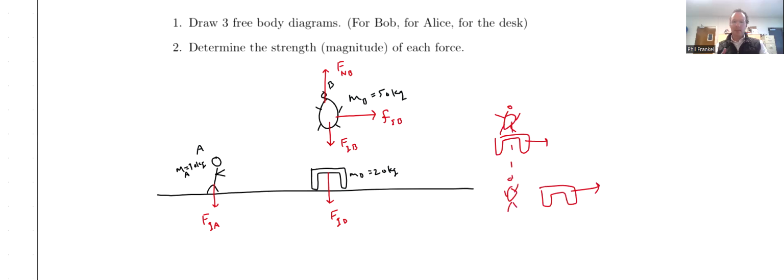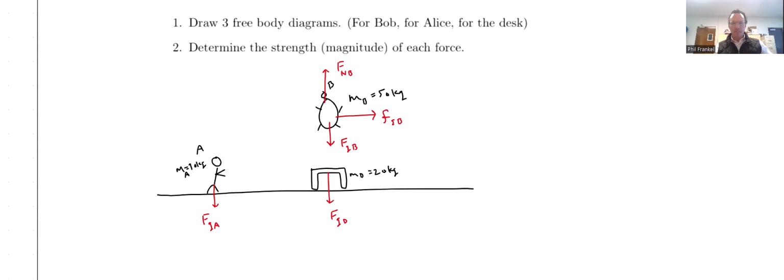So the fact that Bob is getting dragged along with the desk is because the desk is not letting Bob slip leftward relative to it. The desk is pushing Bob to the right with a static frictional force. And that's it. Those are the only forces acting on Bob. And I can see that Bob will accelerate to the right because of the force of static friction that's unopposed, pushing him to the right.